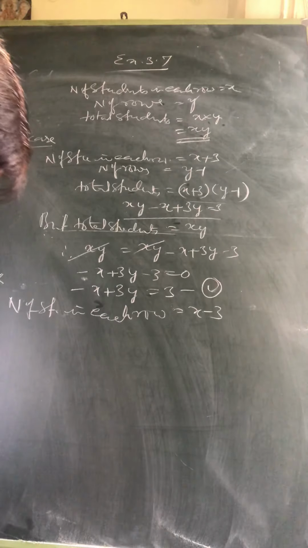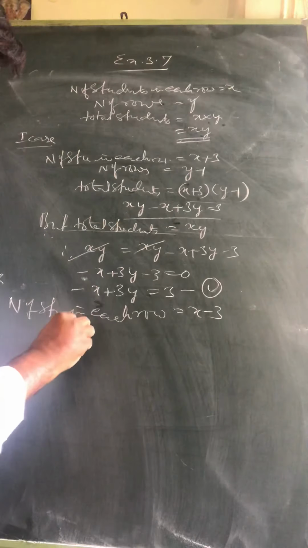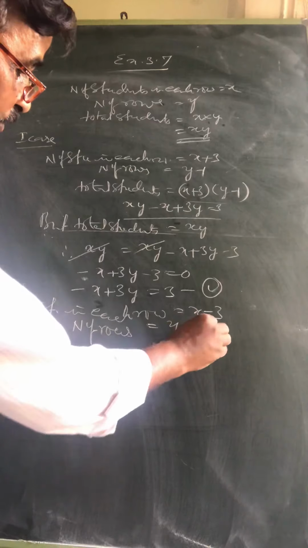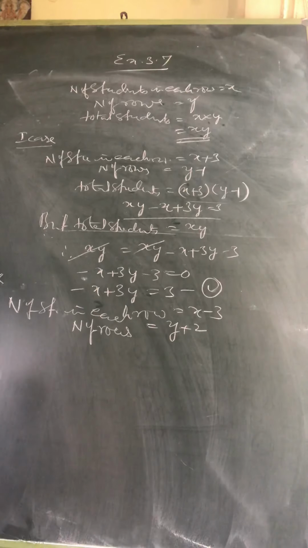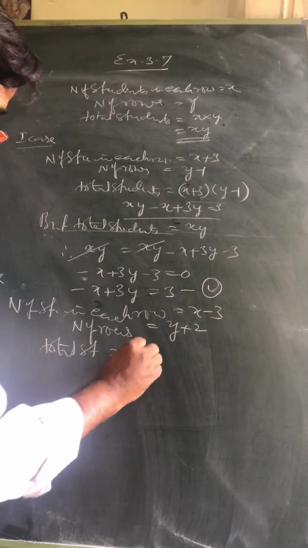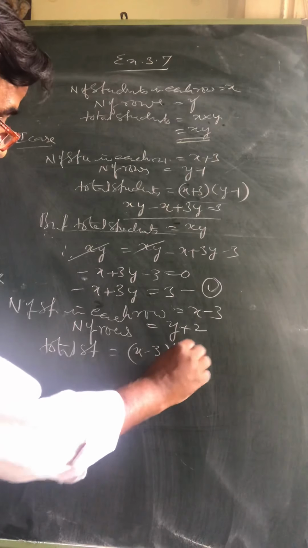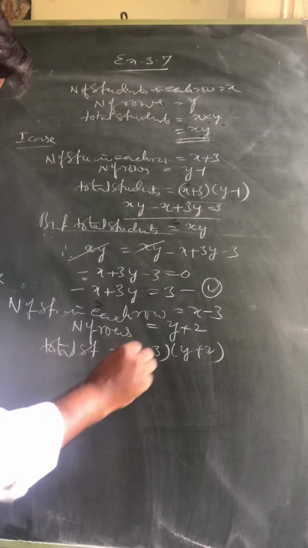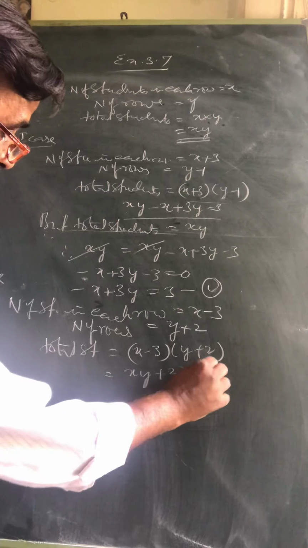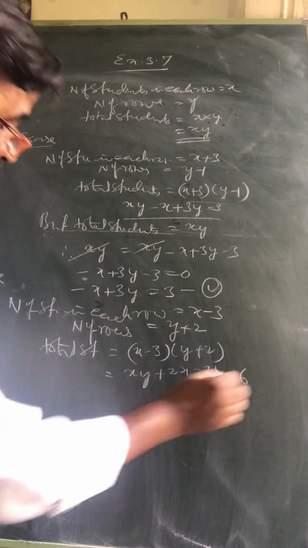Then there would be 2 rows more. Number of rows is equal to y plus 2. Then the total students you can find out. Total students is equal to (x minus 3) into (y plus 2), which is xy plus 2x minus 3y minus 6.